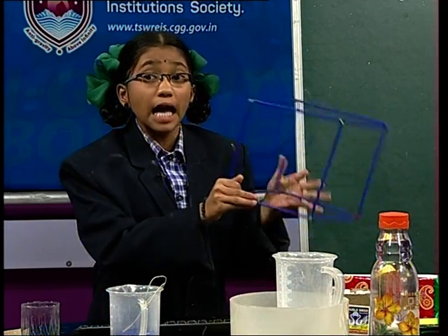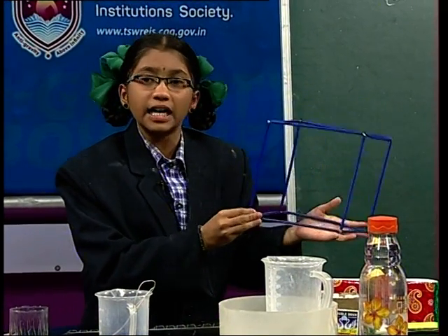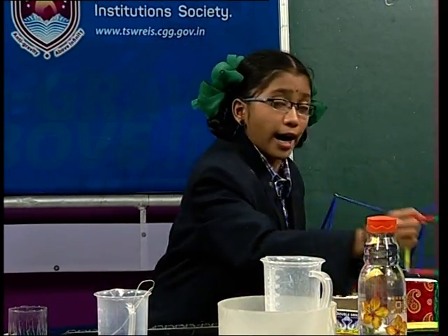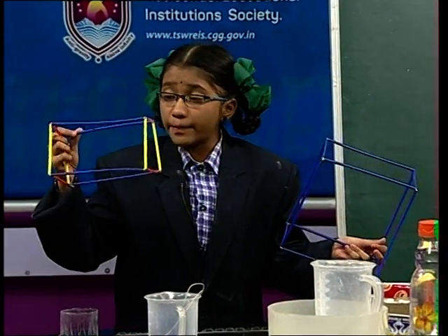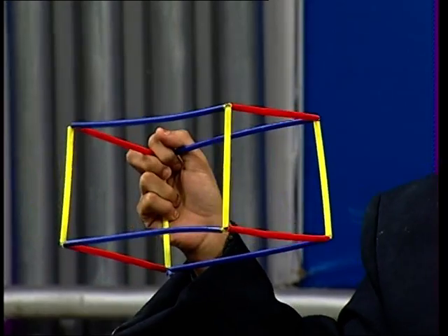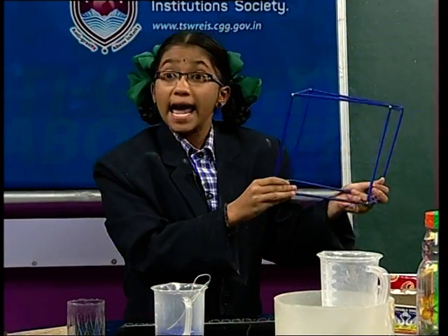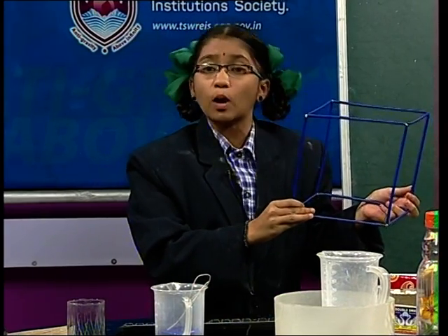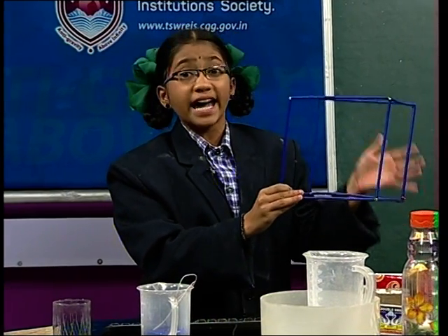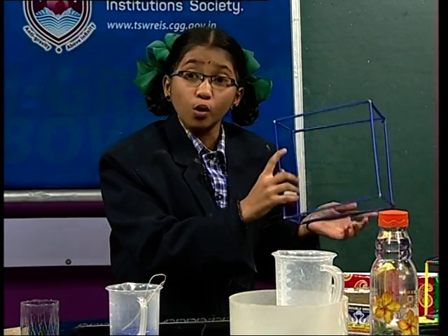All dimensions are equal, so I represent it that way. In a cuboid, we observe different dimensions: L is not equal to B and B is not equal to H. But in a cube, L is equal to B and B is equal to H. That's why I can cover all of it with the blue color only.